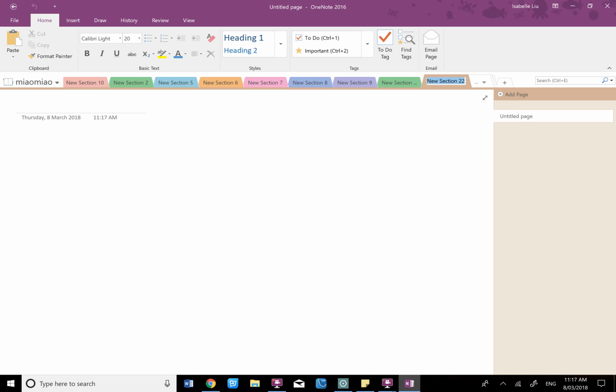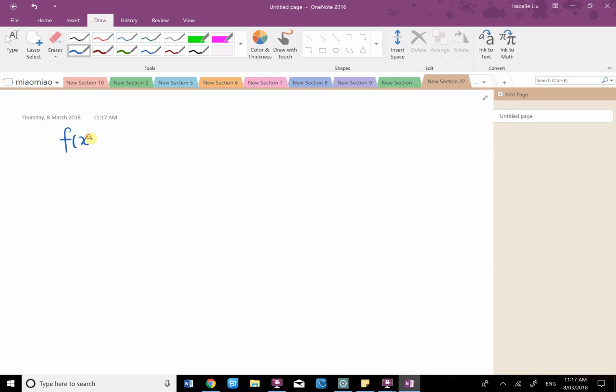Okay, the function I give you is f(x) equals square root of 1 minus x. According to the steps we went through last lesson, to find the inverse function of this f(x), what's the first step?